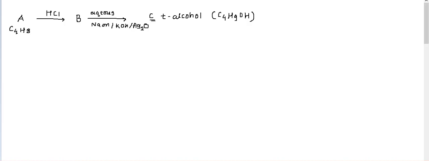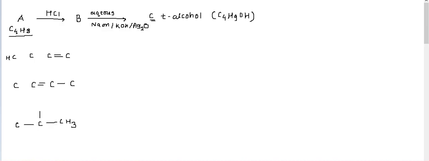Now let's start with C4H8. What we can do is arrange these 4 carbons and see how many alkenes we can draw. Suppose C4H8, now I have drawn these 4 carbons in a straight line, with the double bond between the first 2 carbons. In the second structure, I am just changing the position of the carbon-carbon double bond, and in the third, let's check by writing carbons in a branching way.